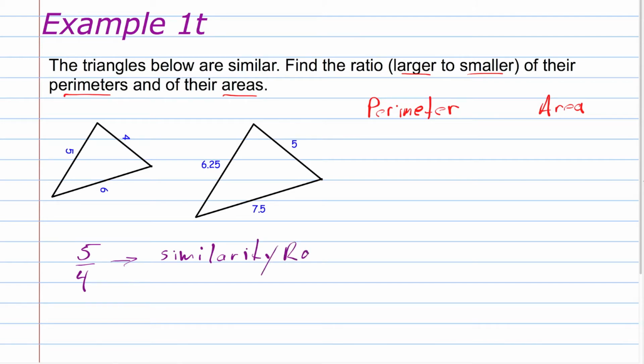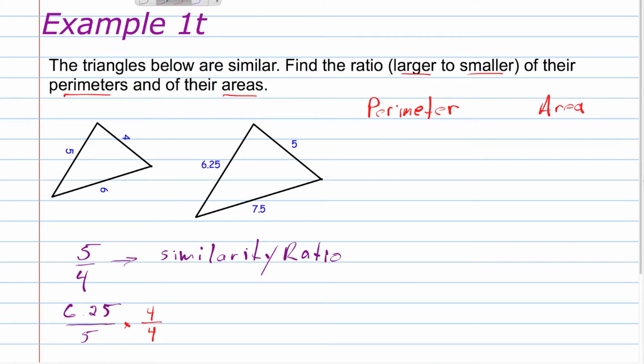And if you would have written the similarity ratio as, say, 6.25 over 5, well, that's not exactly the best similarity ratio. What you would need to do to that one is multiply it by 4 over 4. The reason I'm choosing 4 is I have a quarter here. 0.25 is a quarter, so I want to get rid of that quarter.